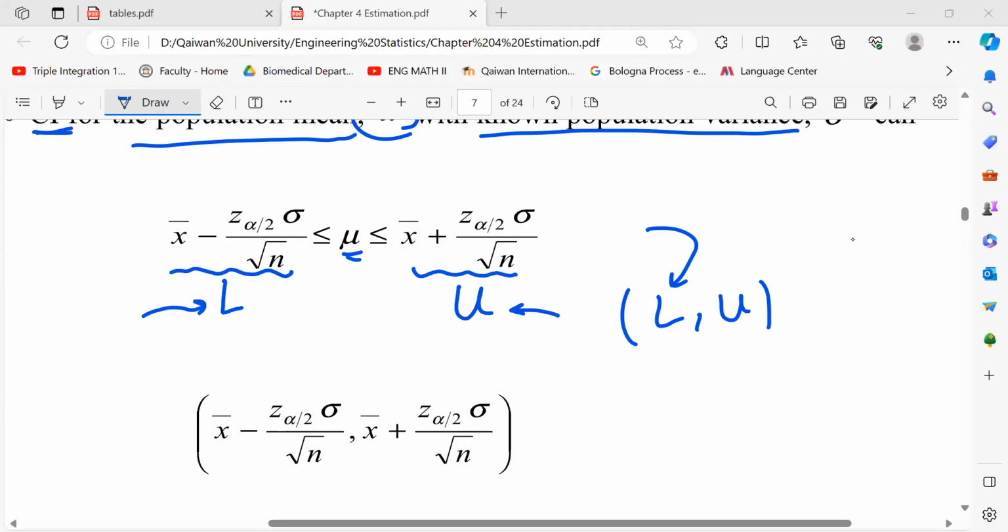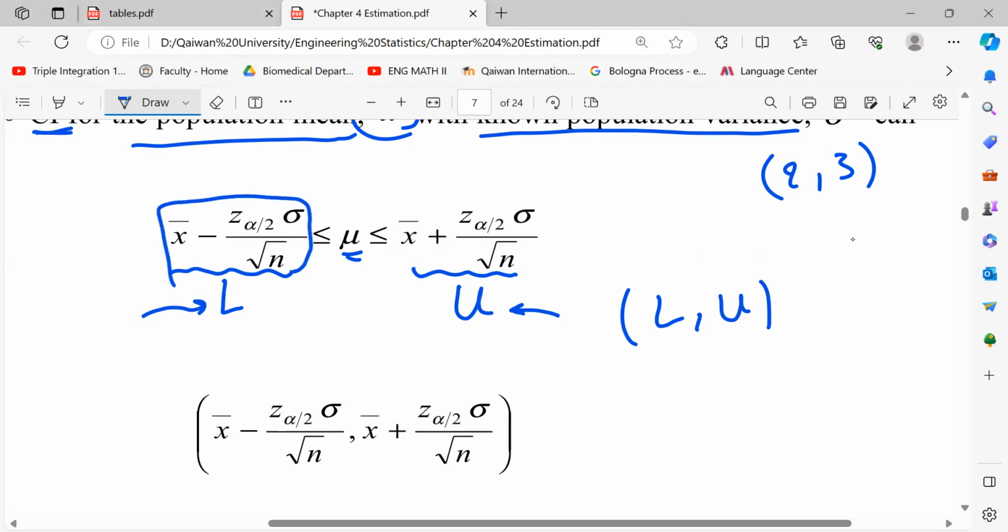As we said, we need to find this interval. For any interval, let's say it's 2, 3, this represents L and this represents U. Here we find these two, L and U. L could be obtained from this rule, and U is this. Look, there is a similarity between L and U in all rules.